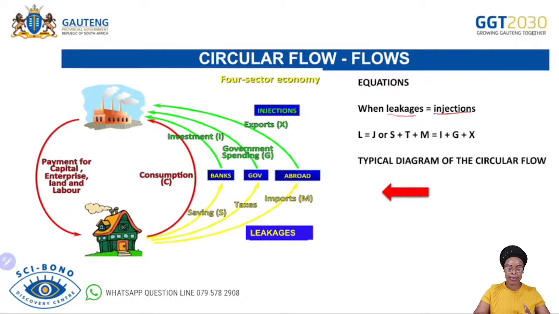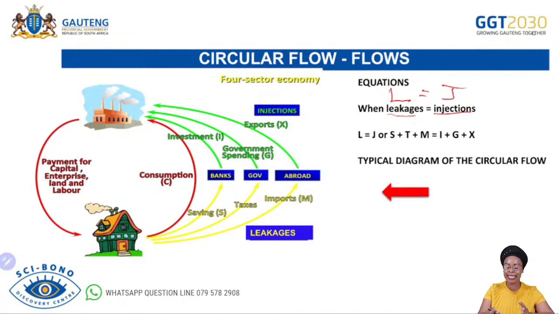In economics, in this particular module, leakages and injections should be equal. But you need to know which ones are leakages and which ones are injections. Remember, leakages are when money is withdrawn from the circular flow. The word leakage will be represented by the letter L, and the word injection will be represented by the letter J. So L should be equal to J for the economy to be in equilibrium.